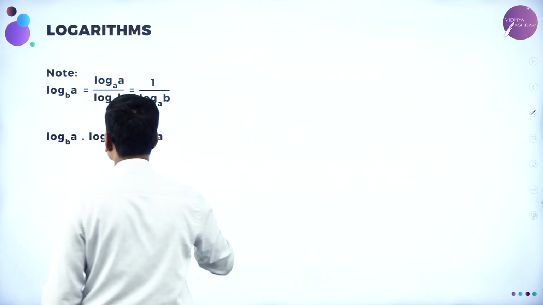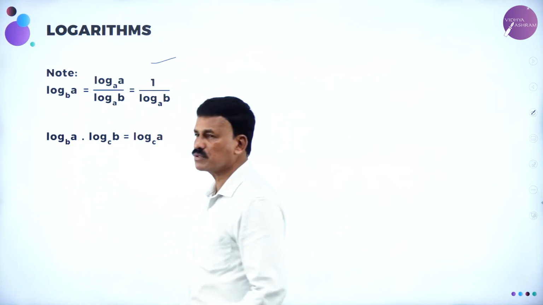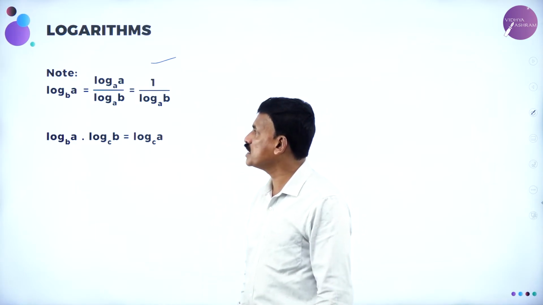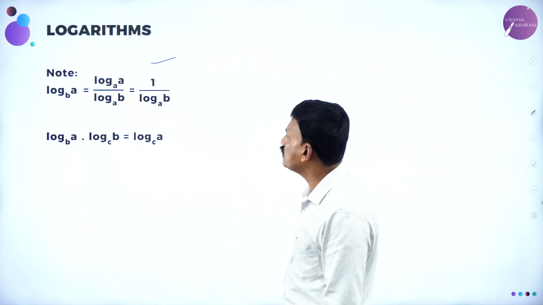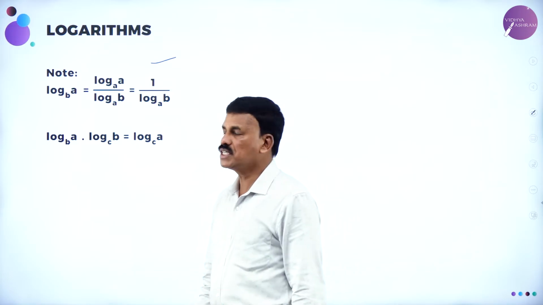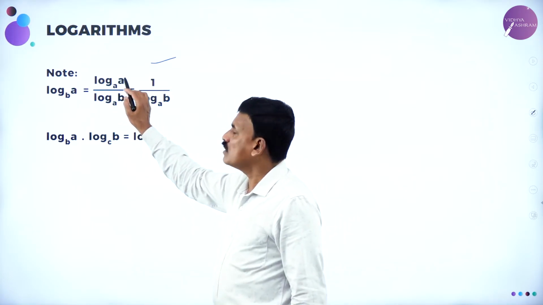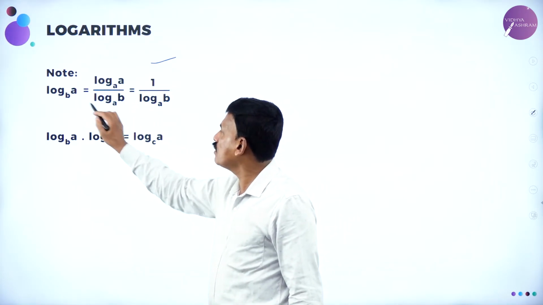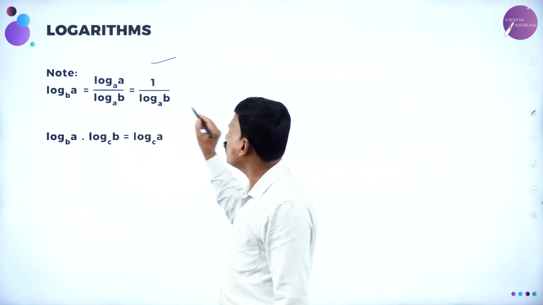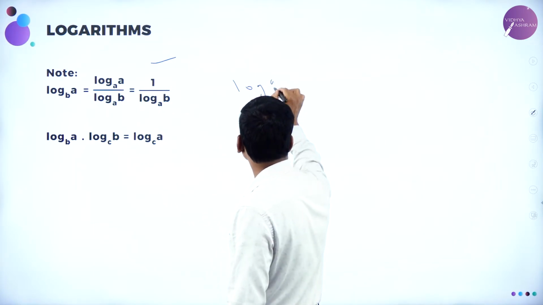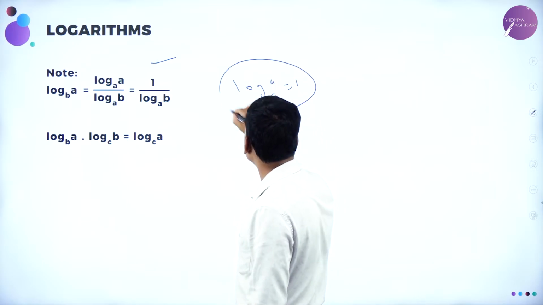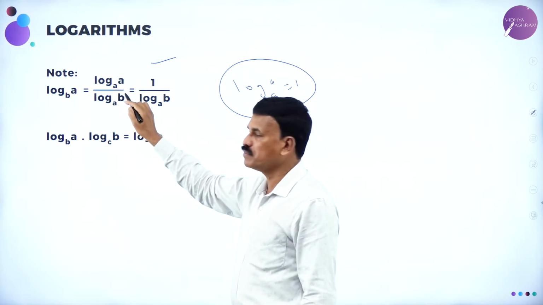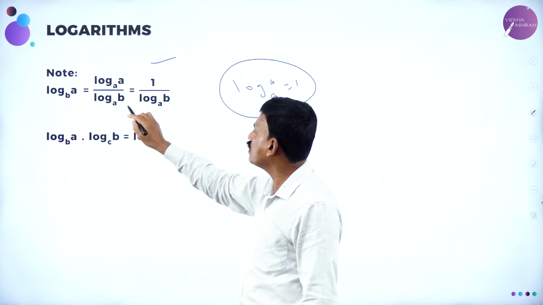Now, let us come to a very, very important concept. Logarithm of a to base b can also be written, changing the base to a, as log a to base a divided by log b to base a. Since we know that logarithm of any number to the same base is equal to 1, log a to base a is equal to 1, divided by log b to base a.